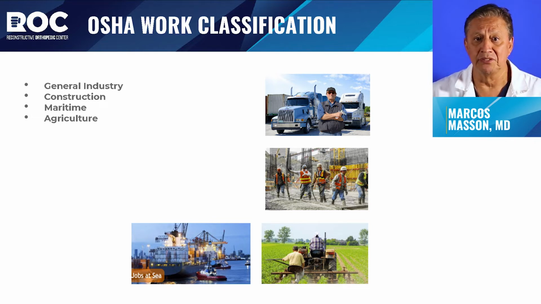Maritime employees are also included, and this is sea jobs. Anyone who is a longshoreman or works about a maritime environment is considered a classification system. And finally, agriculture, the production of produce, is very important in the 4th category.